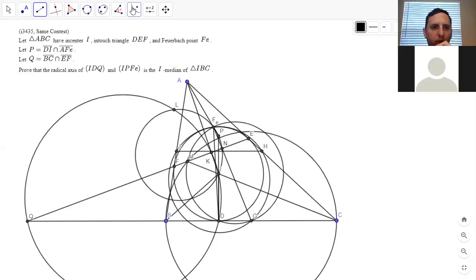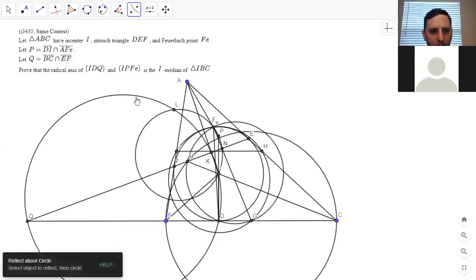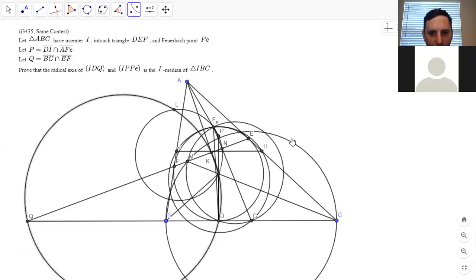So yeah, if we reflect this about this, it stays the same. If we reflect this about this, it stays the same.